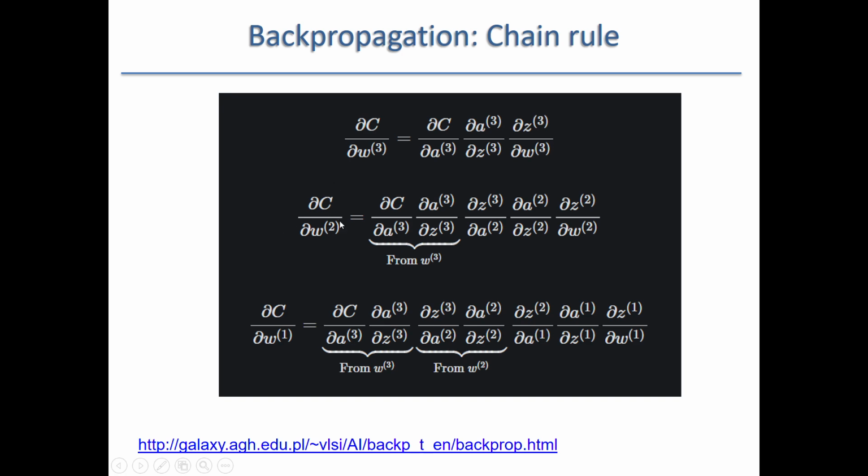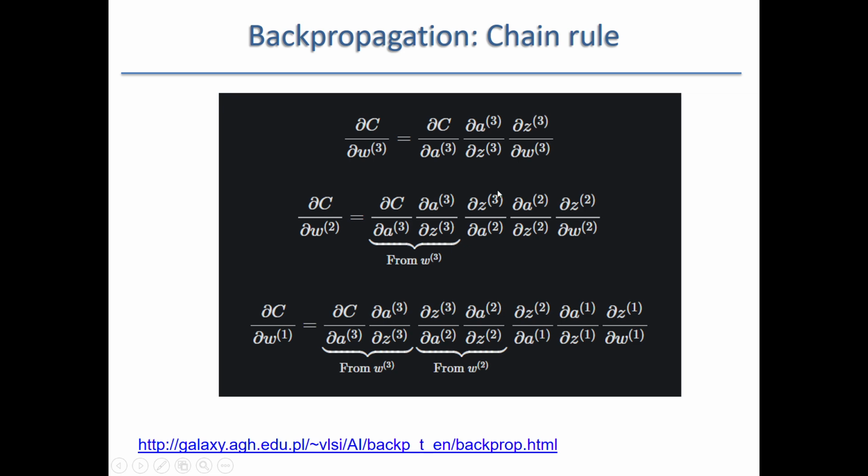And what about if we move one layer backward? So if we move one layer backward, the derivative of the cost with respect to W2 will be the cost with respect to A3, A3 with respect to Z3, Z3 with respect to A2, A2 with respect to Z2, and Z2 with respect to W2.